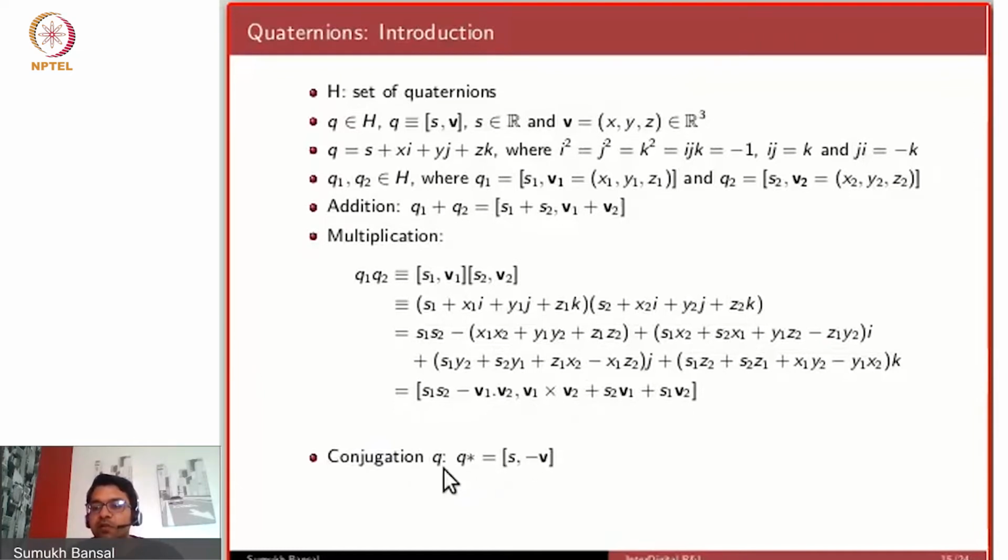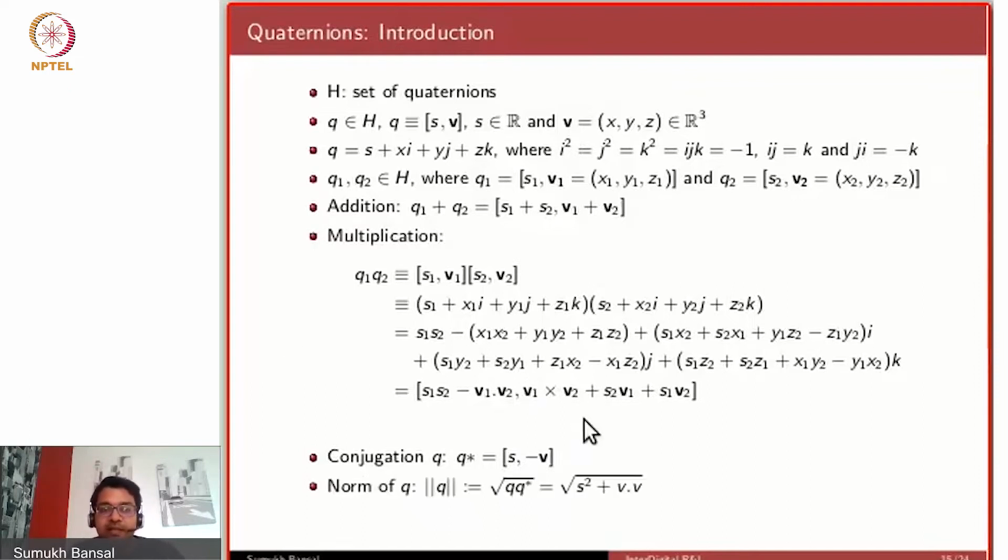If Q is the quaternion, then the conjugation of quaternion Q is represented by Q star, where the scalar part remains as it is and the vector part is negated. And hopefully, when we see the relation of quaternions with rotations, the physical intuition behind conjugation will make more sense.